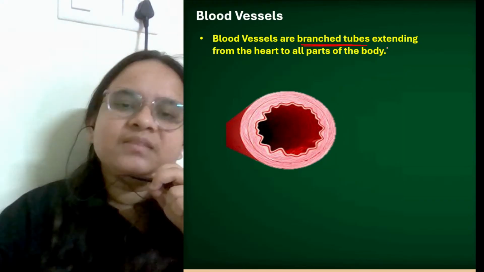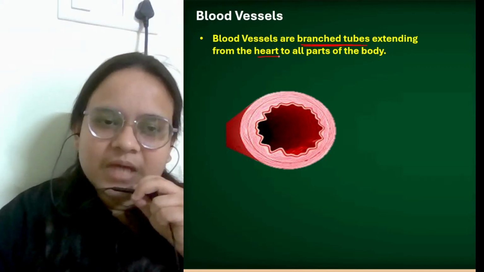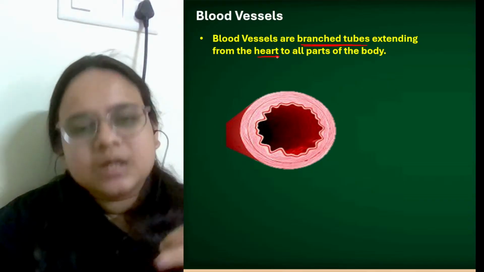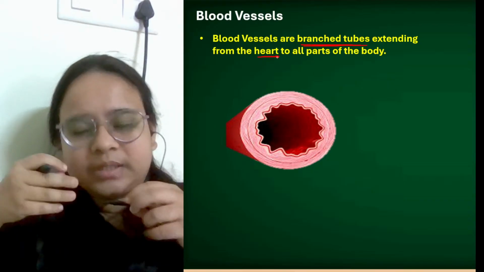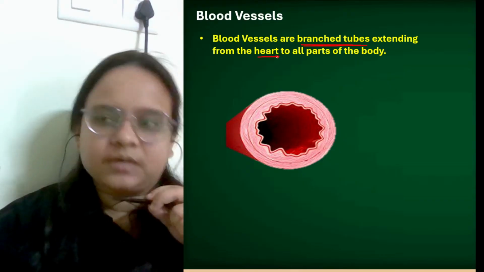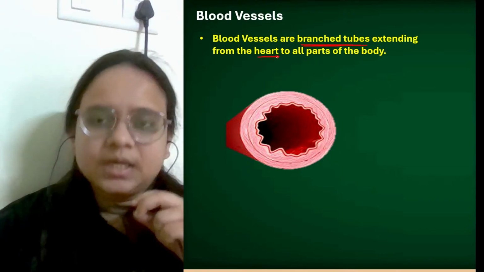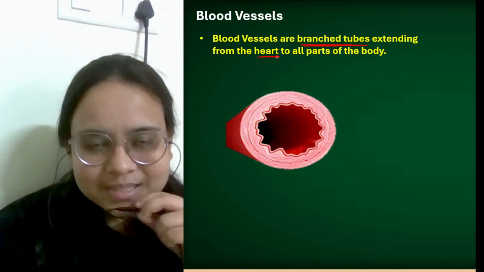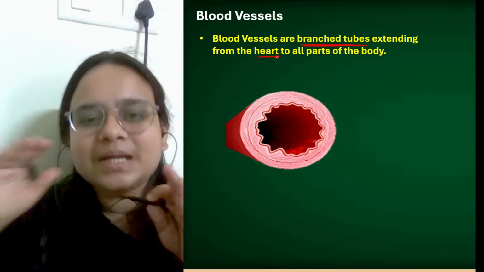And these extend from the heart and distribute throughout our body. It is uniform throughout our body. So every part you take, whether the tip of your toes, the tip of your fingers, till your hairs, everywhere the blood vessels are distributed.